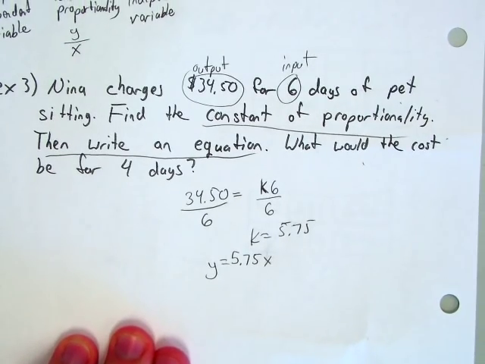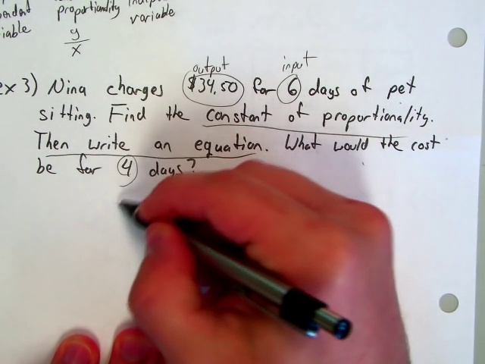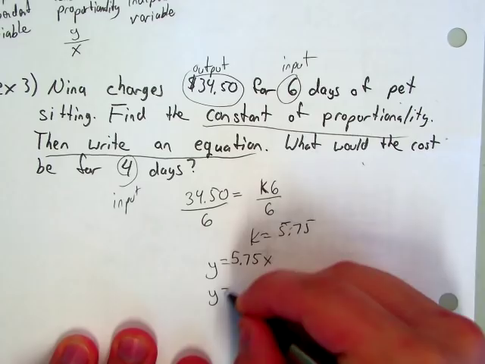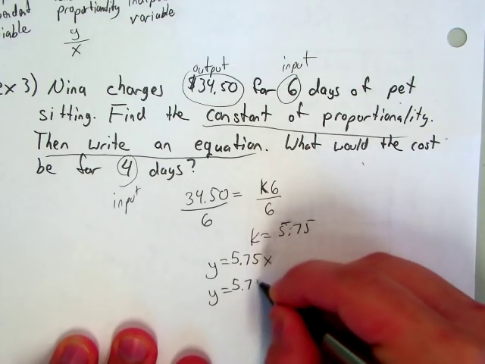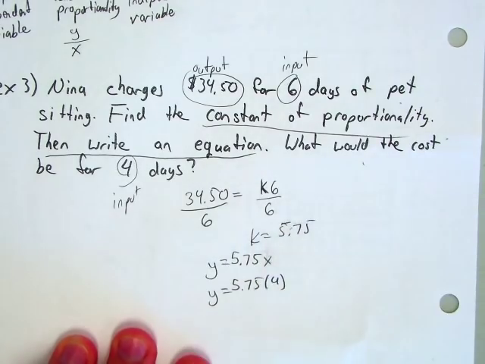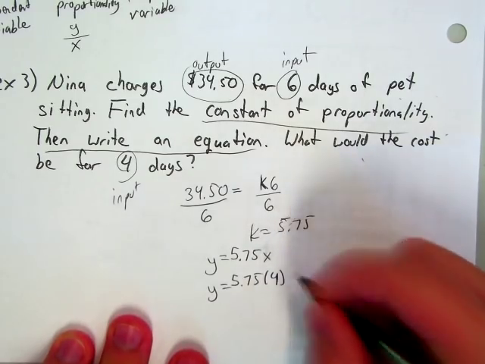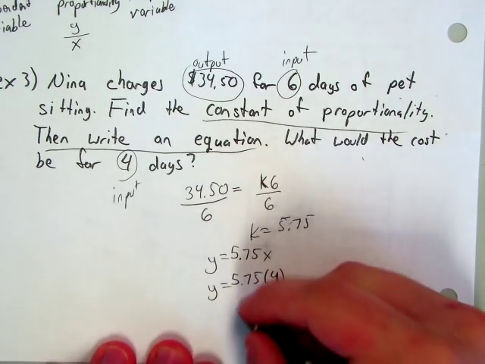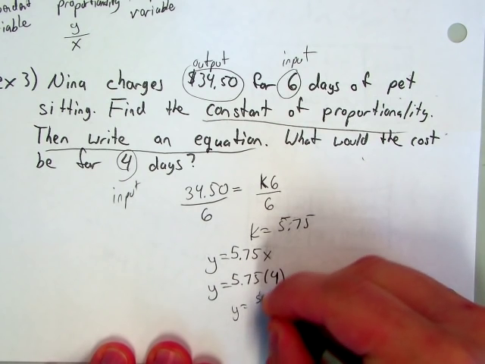The last thing it says is what would the cost be for 4 days? Again, 4 is going to be my new input. So I'm going to say y equals 5.75 times 4. And if I do 5.75 times 4, Nina will earn $23.